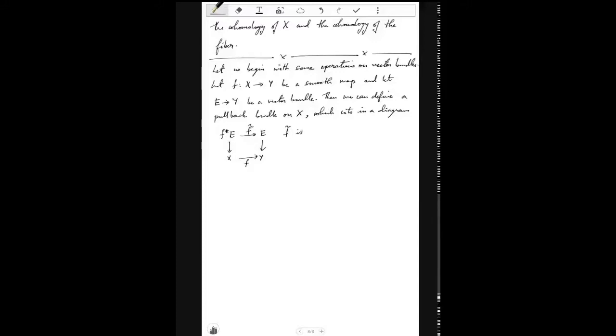F tilde is a smooth map, and f tilde restricted to the fibers over p and f of p is a linear isomorphism.